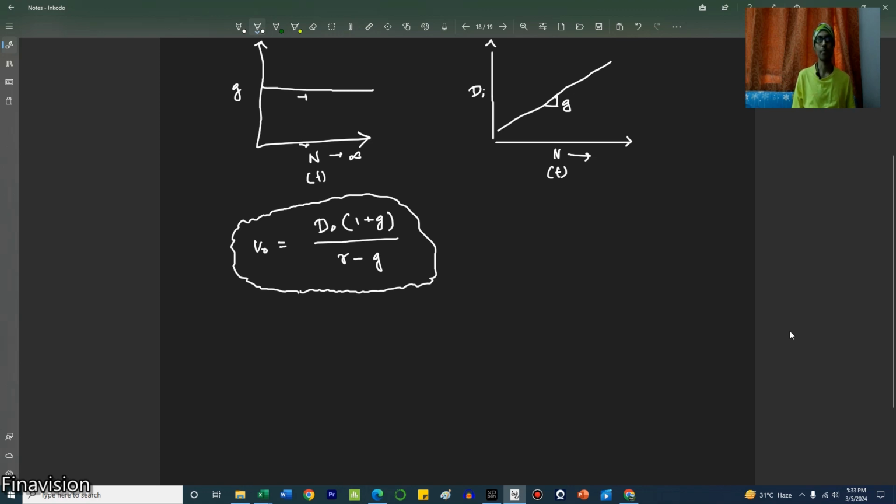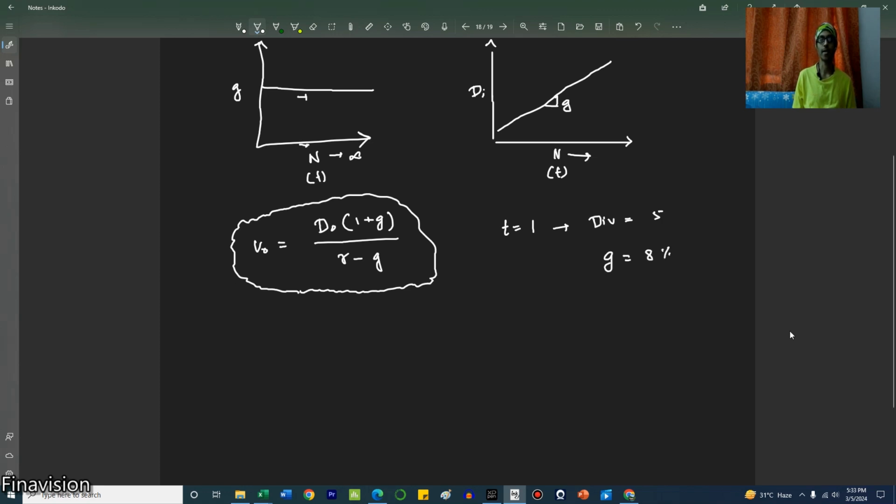Let's take an example. Let's say at t equal to 1, the dividend is $5. The growth rate is 8%.